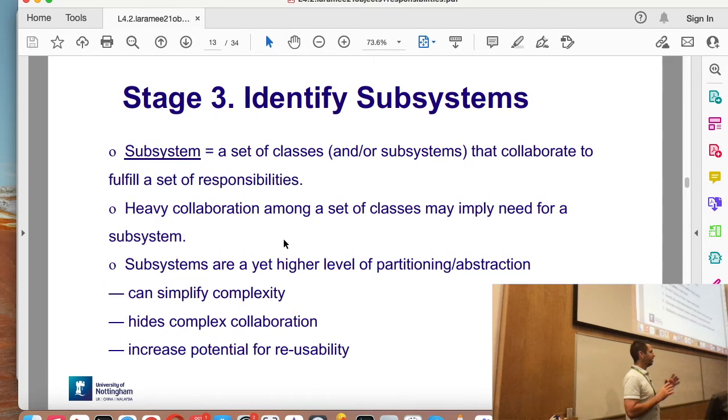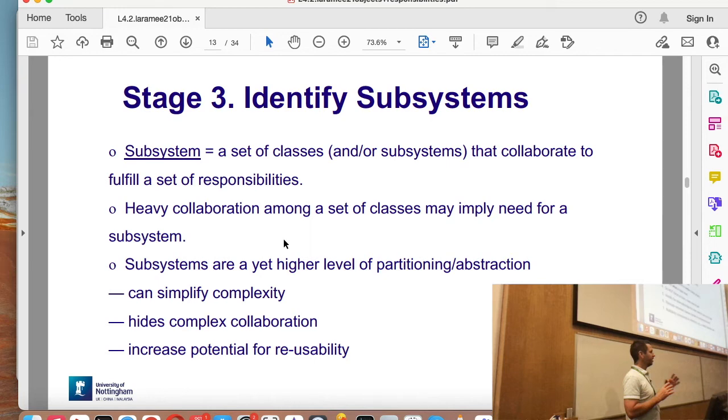And then identifying subsystems. A set of classes or a set of subsystems that collaborate to fulfill a set of responsibilities. A heavy collaboration among a set of classes may imply the need for a subsystem. We're going to talk about subsystems in a special lecture. A subsystem is a higher level of abstraction than a class.